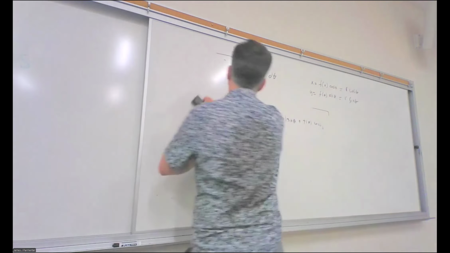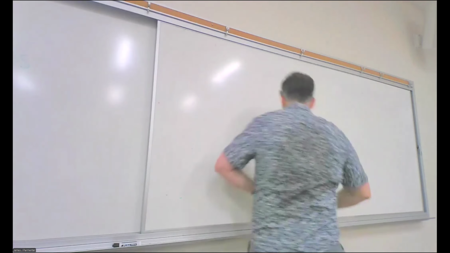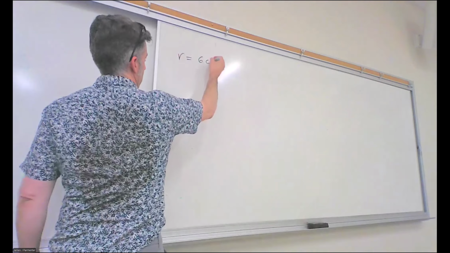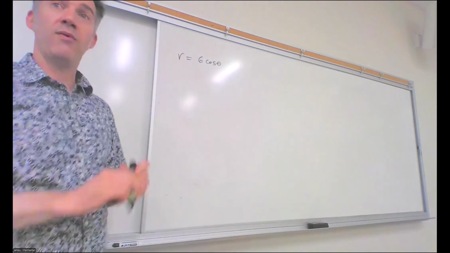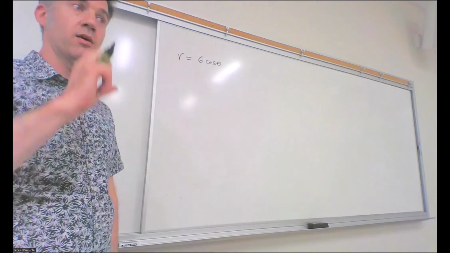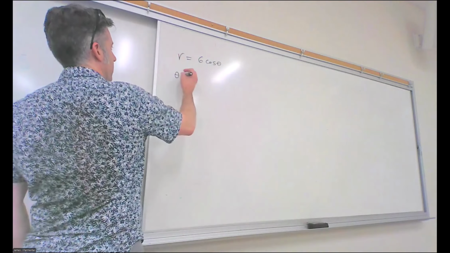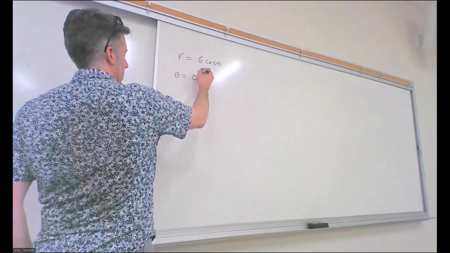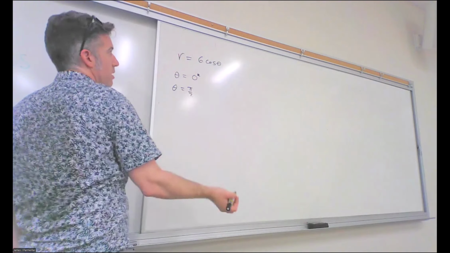So I should say that if someone gave us, say, the polar equation r equal to 6 cosine theta, which is a circle, the way I would graph this is by finding the endpoints of a diameter. I would plot theta equal to 0 radians, sorry, these aren't degrees, and theta equal to pi over 2 radians.